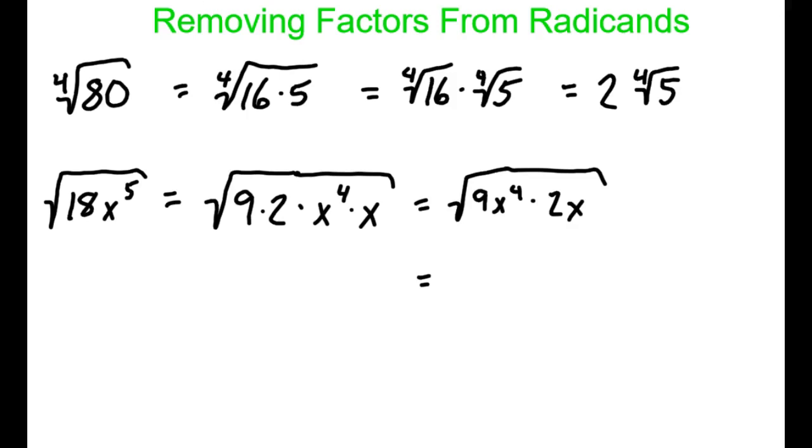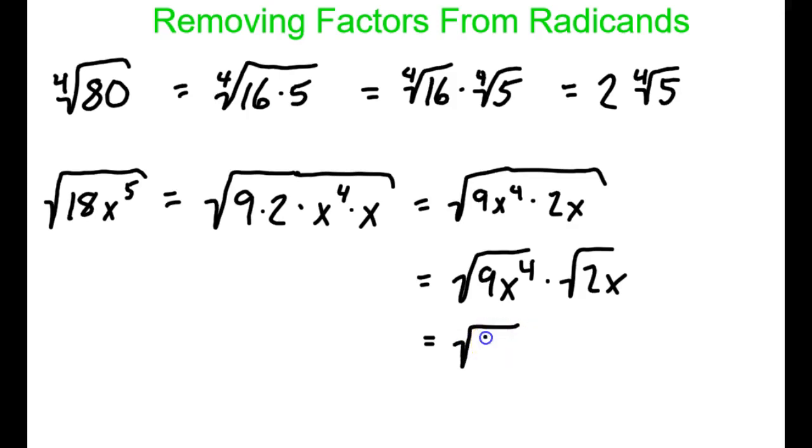Now we can use one of our properties to break this radical apart. We can rewrite this as the square root of 9x to the fourth times the square root of 2x. The reason we broke this apart, the square root of 9x to the fourth, if we're a little creative, 9x to the fourth is the same as 3x squared, quantity squared.